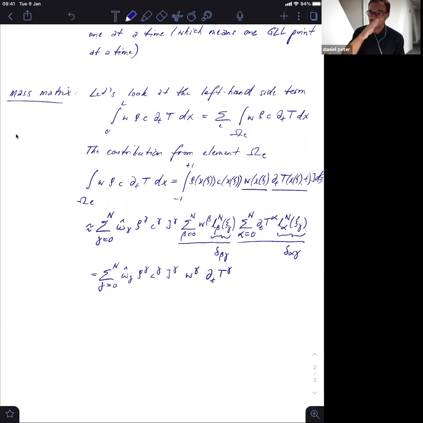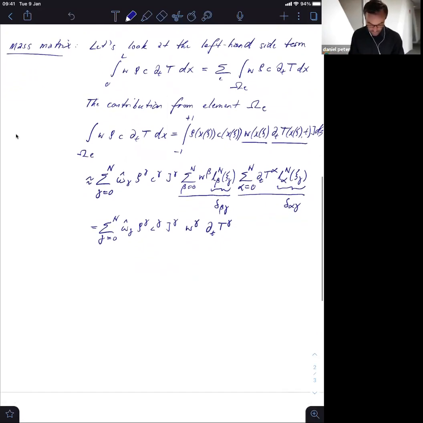So that makes it that we have this diagonal form of the mass matrix or the capacity matrix, if you want. Can you say it again? Why this is a diagonal matrix?